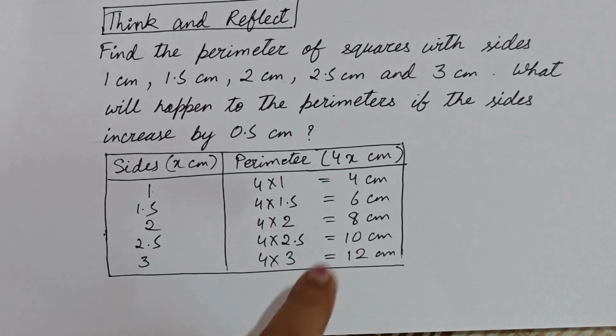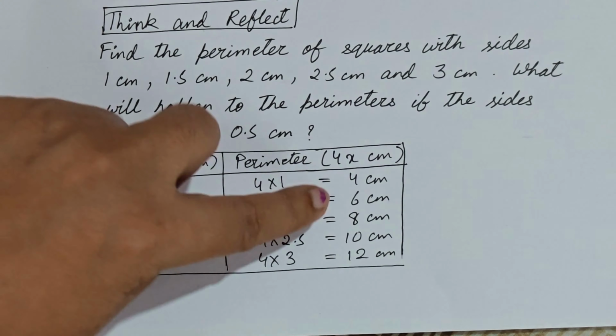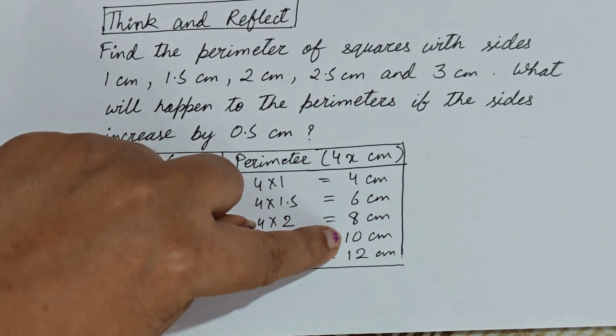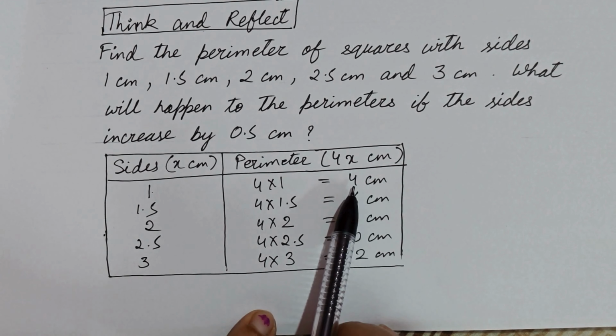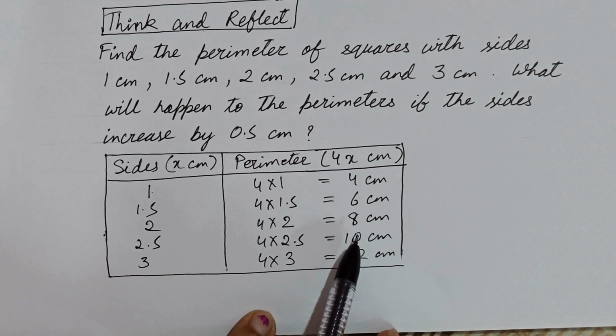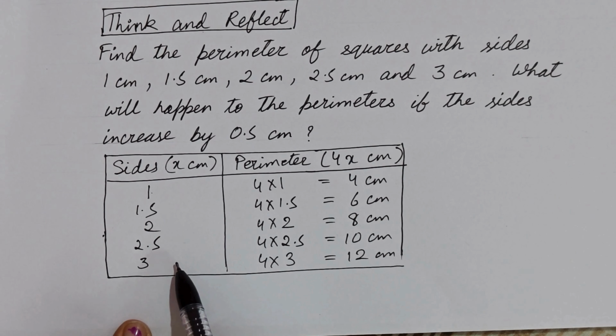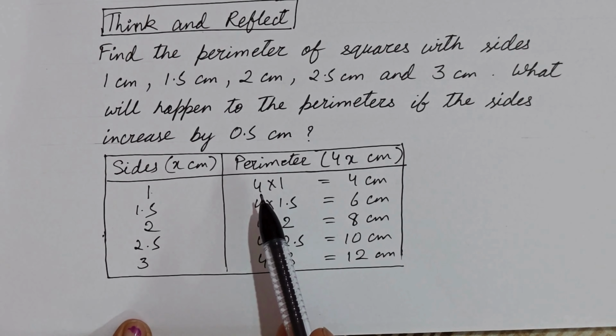And here you can see the perimeter, calculated on the basis of these sides, is 4, 6, 8, 10, 12. Between 4 and 6 the difference is 2, between 6 and 8 the difference is 2, between 8 and 10 the difference is 2, here also 2. That means when the side of the square increases by 0.5 centimeter, the perimeter also increases by 2 centimeter.